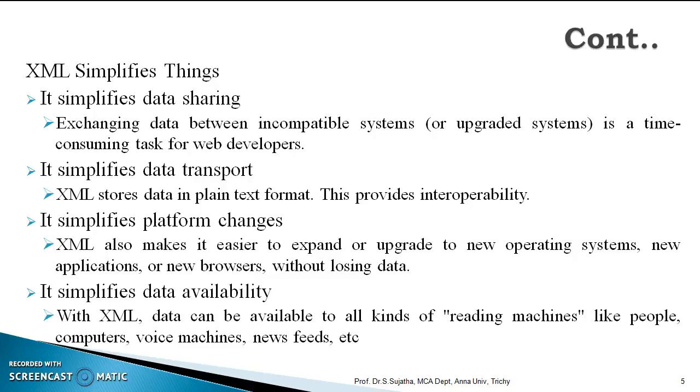Interoperability means that in spite of any platform, in spite of any network, you can exchange your data without losing the content. Then it simplifies data changes, that is, one system may be on the Linux operating system and another system may be on Windows. It is easy for XML to transfer data between different operating systems.